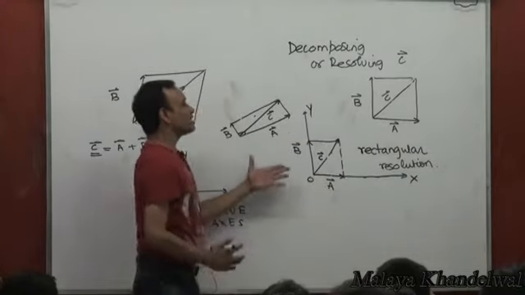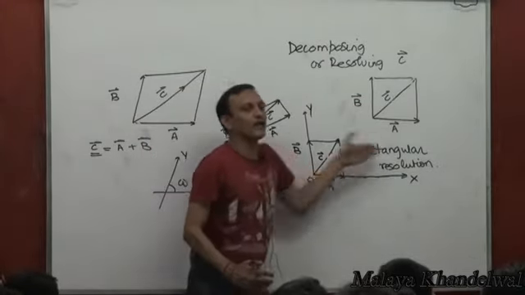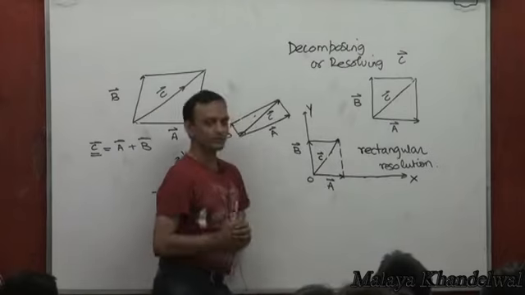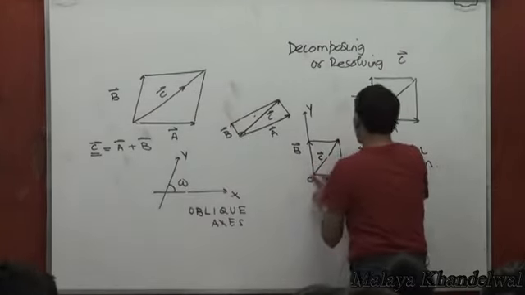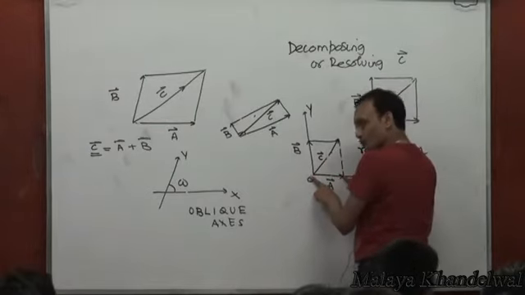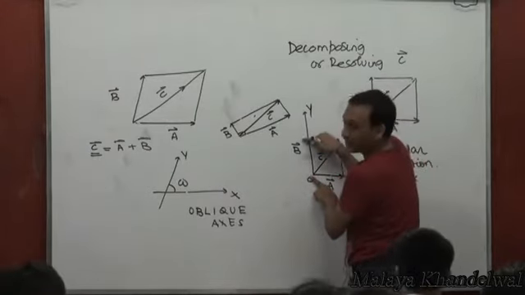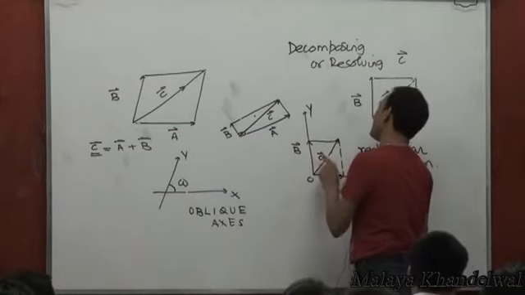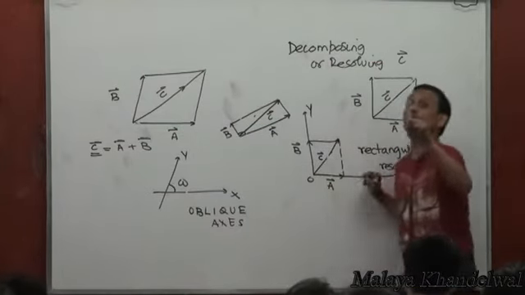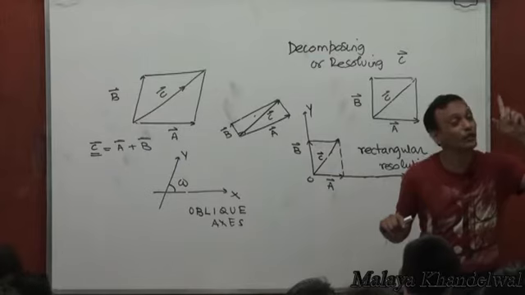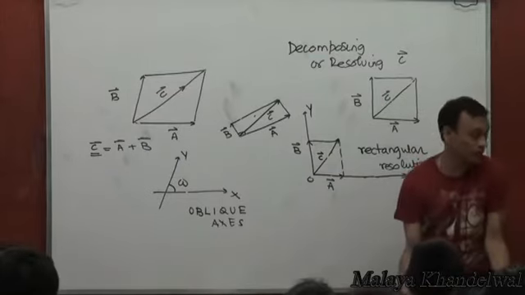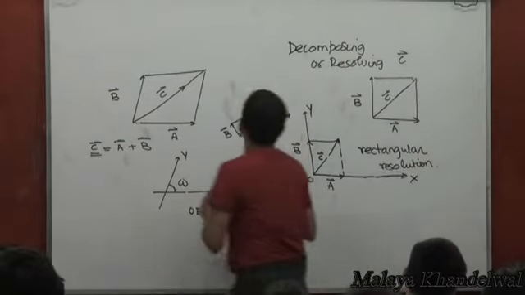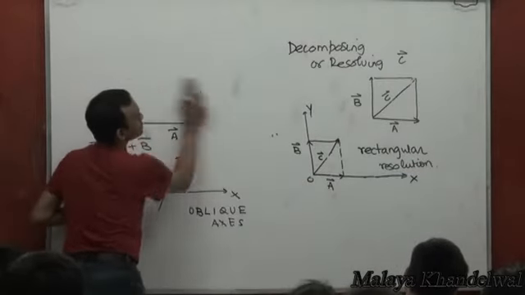Now, once you have synthesized your x and y axes, and you are asked to resolve C into two components, one A and one B, such that the resultant of A and B is C, then there is only one way of doing it. A would be unique, B would be unique, right? This is called rectangular resolution.